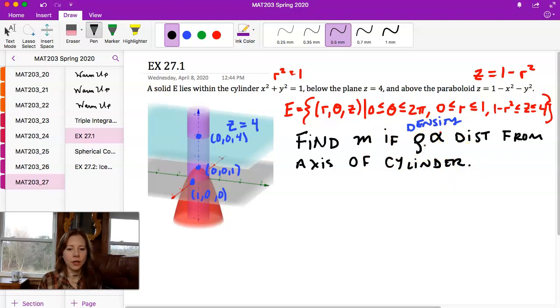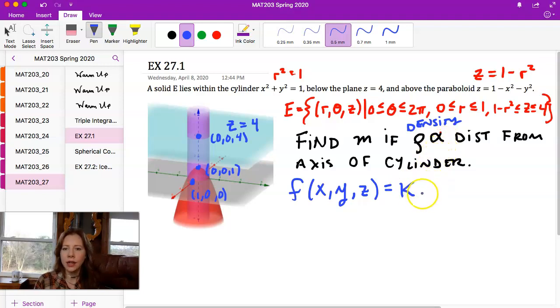Okay, so we need to set up a function describing this relationship. So let's set this up. We can say that f of x, y, and z, and we're going to give a constant of proportionality, is equal to k times the distance from the axis of the cylinder.